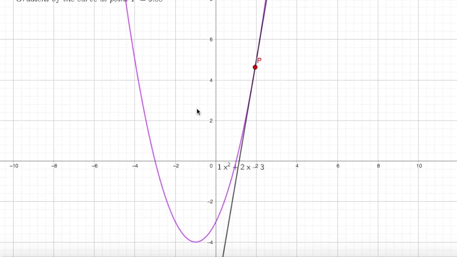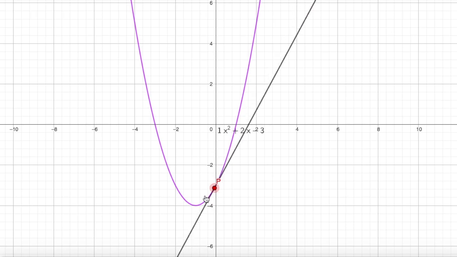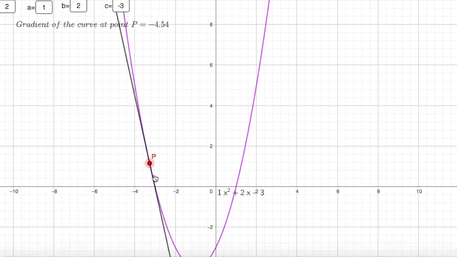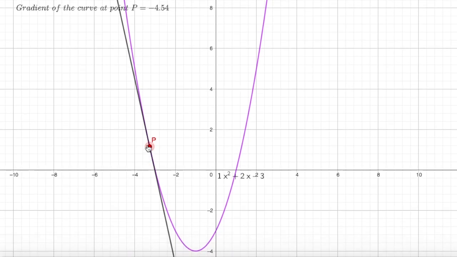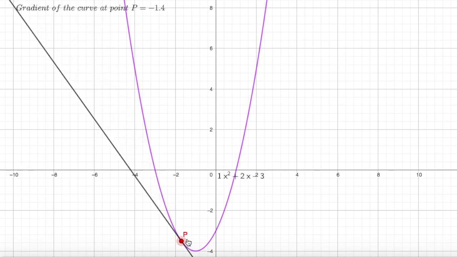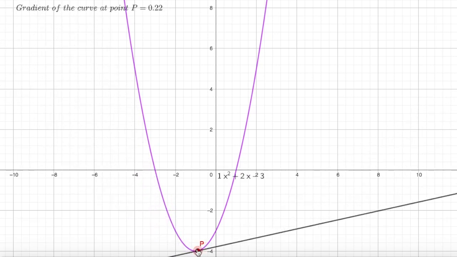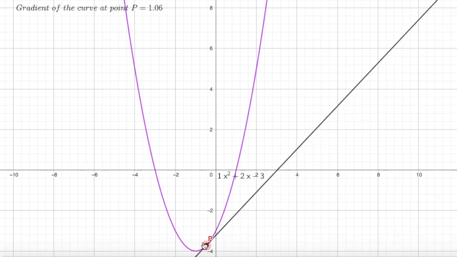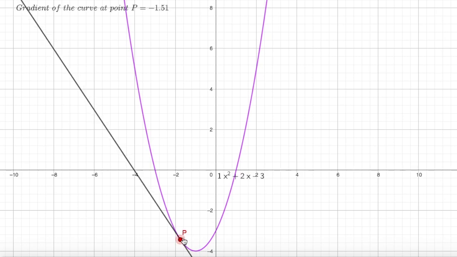Now you see my P from the left-hand side here, it is negative. If I move my P here, it becomes 0 when it is horizontal. Negative becomes positive. You see the turn here.